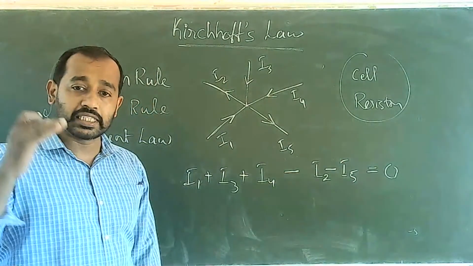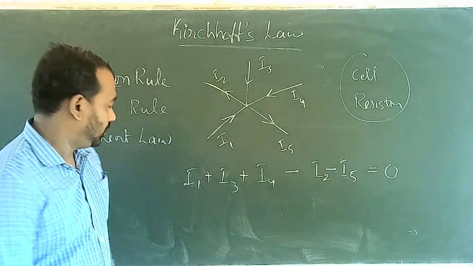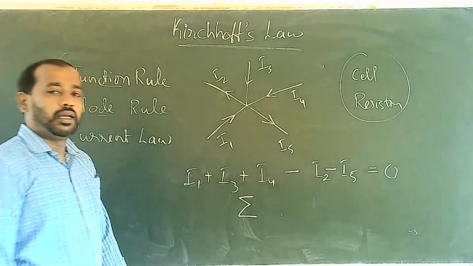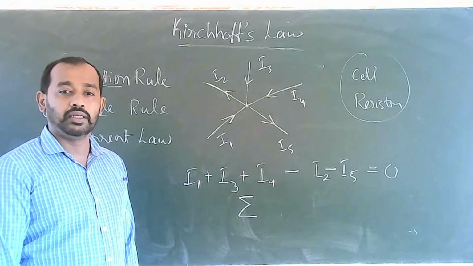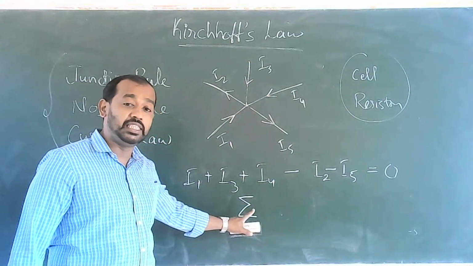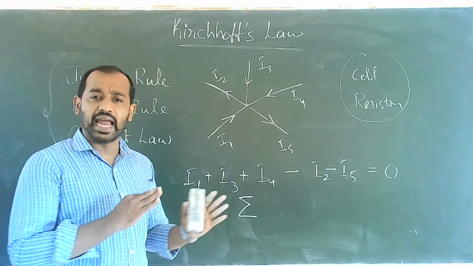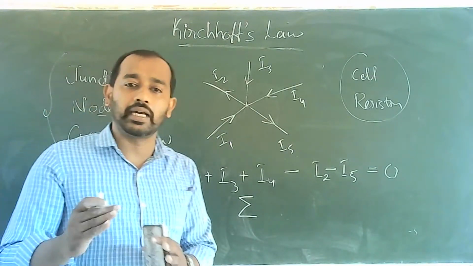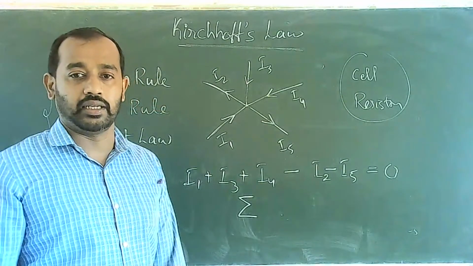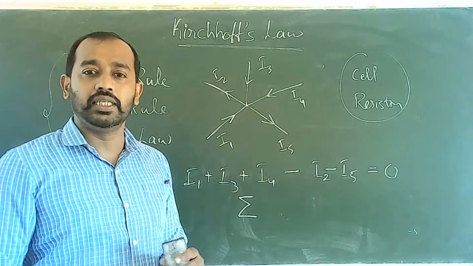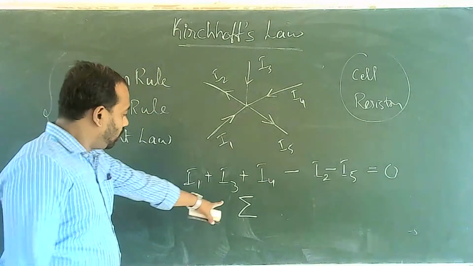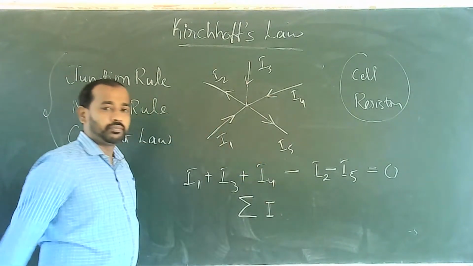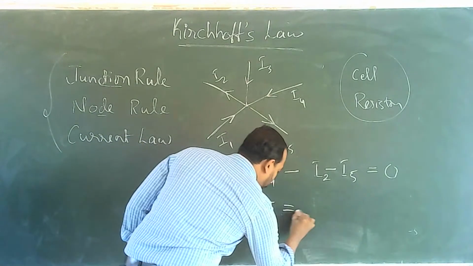This can be represented in a simple mathematical way. We put the mathematical symbol for summation, which suggests that this is the algebraic sum, not just adding all the currents. It adds all the currents considering their direction also, whether moving into the junction or moving out of the junction, in general the current I. That should always be equal to 0.